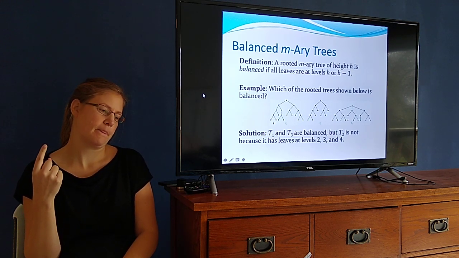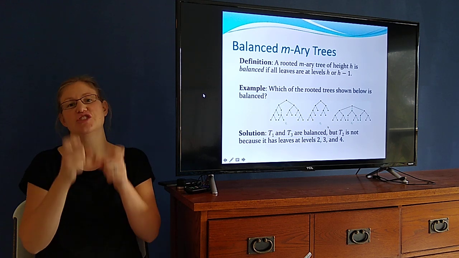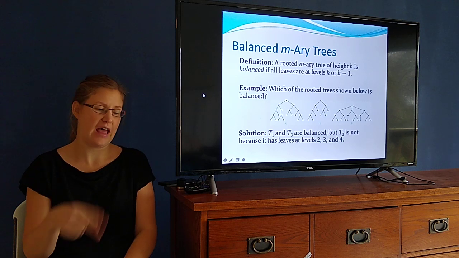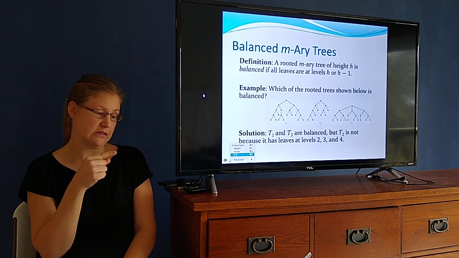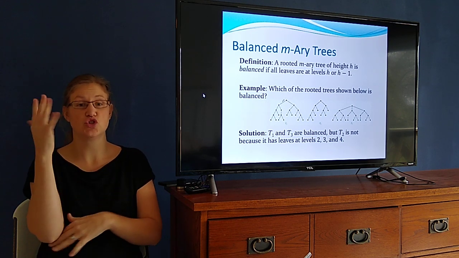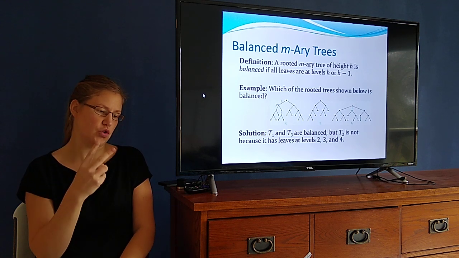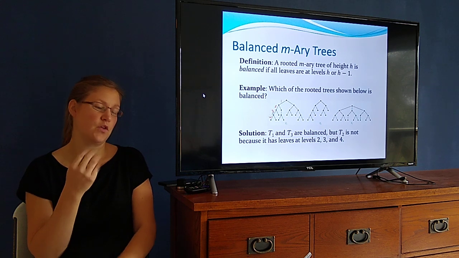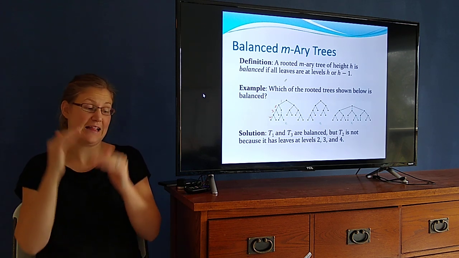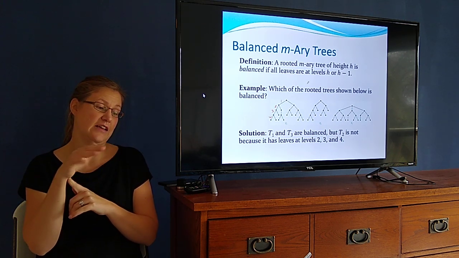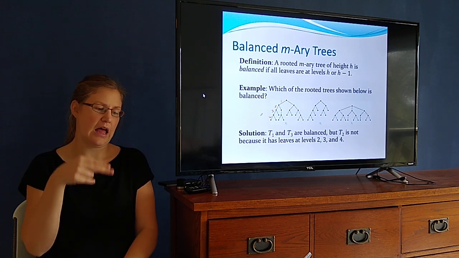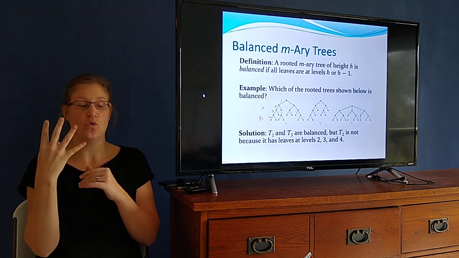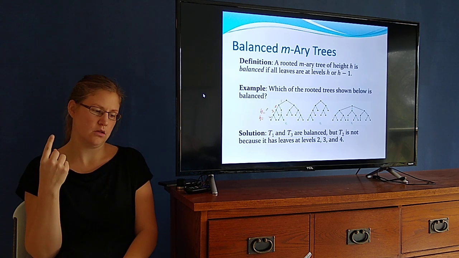So for each given tree here, you need to find the height. The height of the first tree is 1, 2, 3, 4. So it's balanced if all the leaves are at level 4, which is h, or h minus 1, 4 minus 1, which is 3.